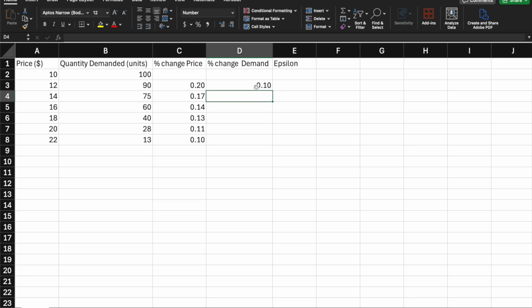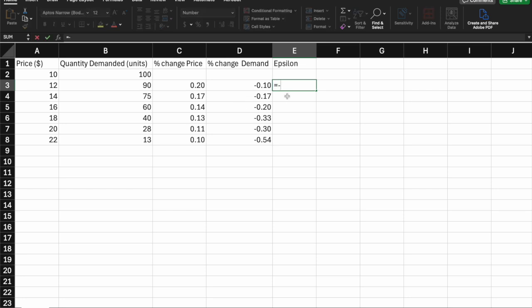And that's why in the final formula we're going to include a negative, because when you divide this by this, it's going to be a negative number. We don't really need that negative number, so we just put a negative sign to change it to a positive for this one. Okay, so again, epsilon is equal to negative the percent change in demand divided by the percent change in price.